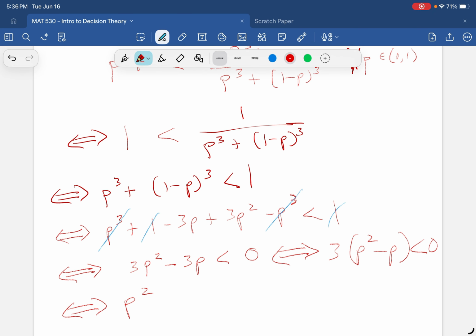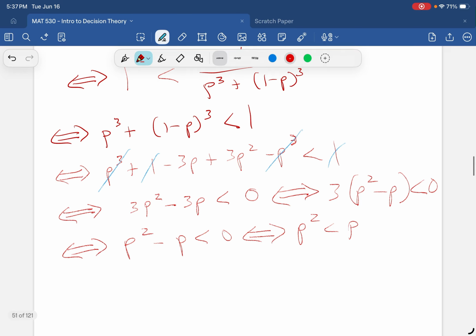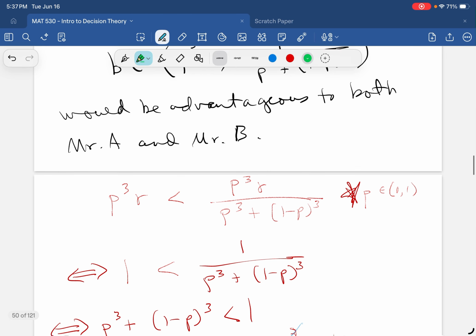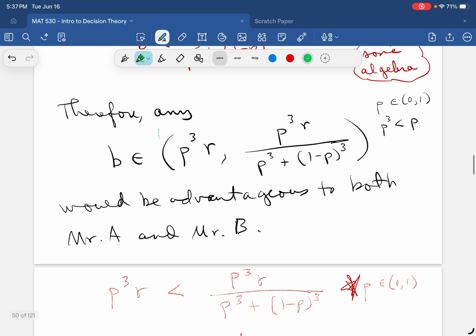That's equivalent to P squared minus P less than 0, which is equivalent to P squared less than P. And there we get to a condition that we know is true. This is always true when P is an element of the open interval from 0 to 1. So that guarantees that we have a valid interval there.